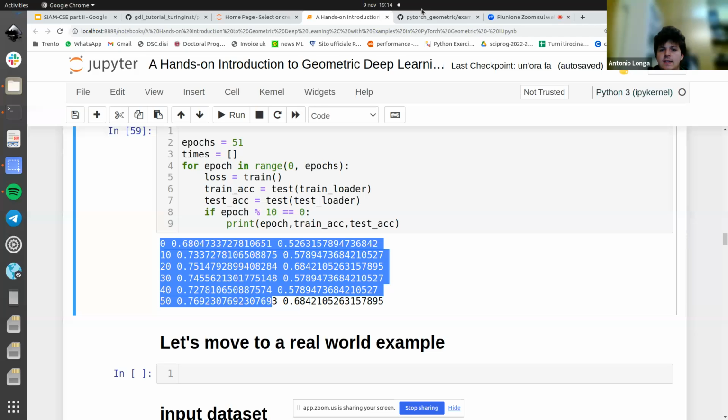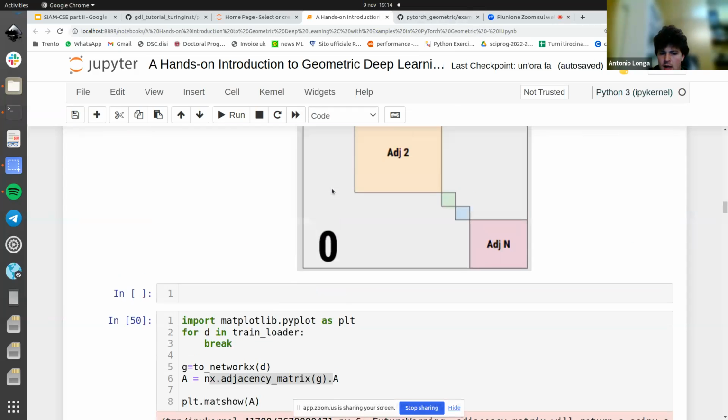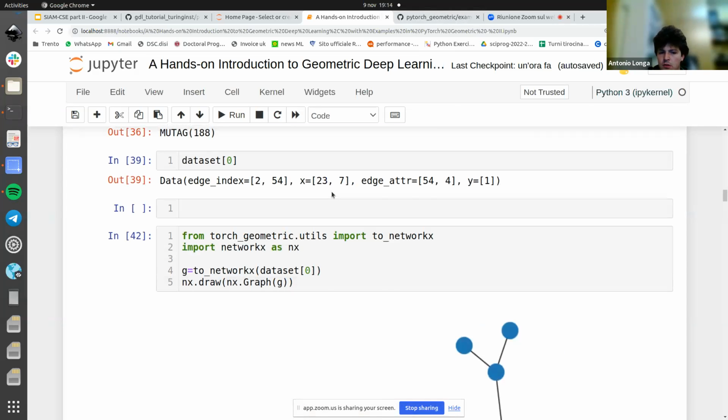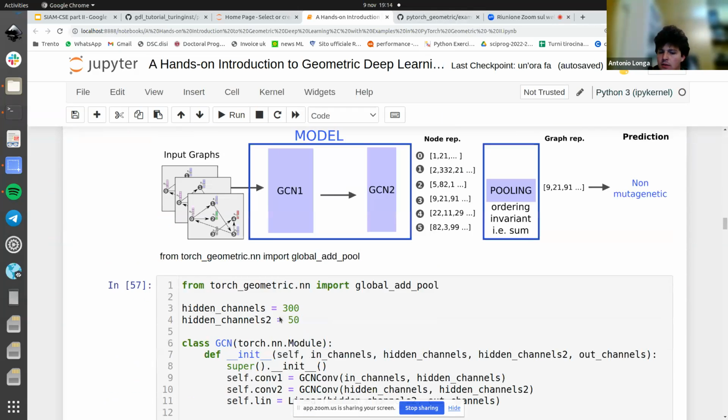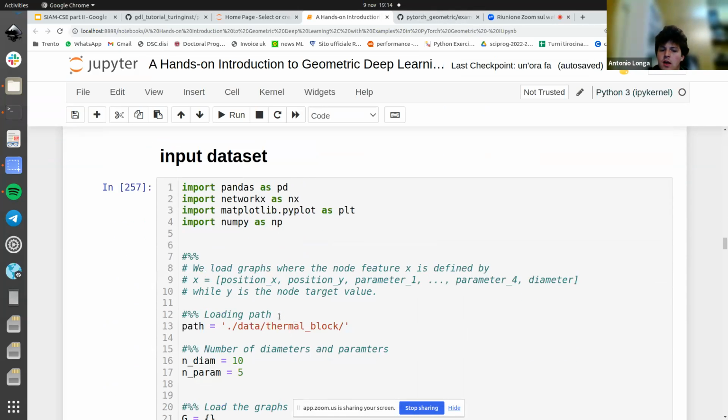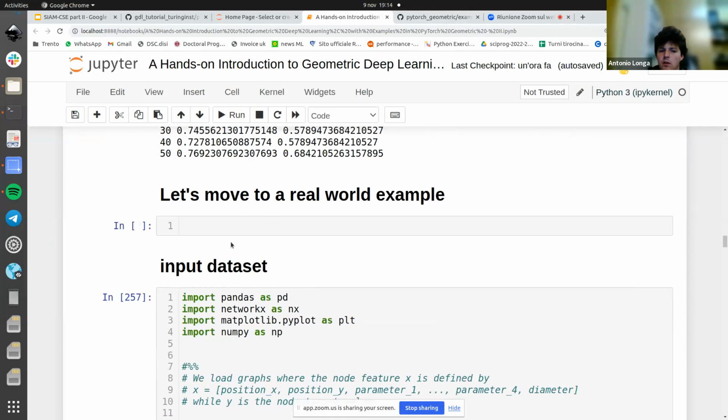If the data set is already public on PyTorch Geometric, you simply have to download it, as we did in these few samples, with this call here. While if you have your own data set built from whatever you want, you have to convert it into PyTorch Geometric format. And if you are interested, right now there is going to be the real world example in which I'm showing you how to load these graphs.